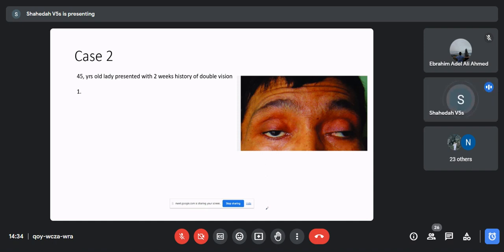Why do you want to ask about underlying diabetes mellitus? Because among the conditions associated with myasthenia gravis are diabetes mellitus, some other conditions including connective tissue disease such as SLE, and thyrotoxicosis as well. So with the history, okay.